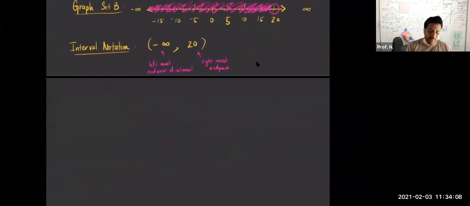So let me give you another example. What if I call the set C, for example, the set of all real numbers such that x is less than 5 but greater than or equal to -4.